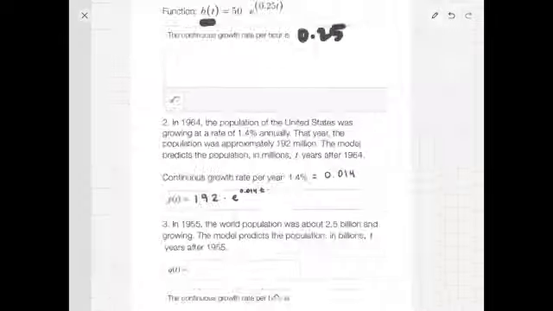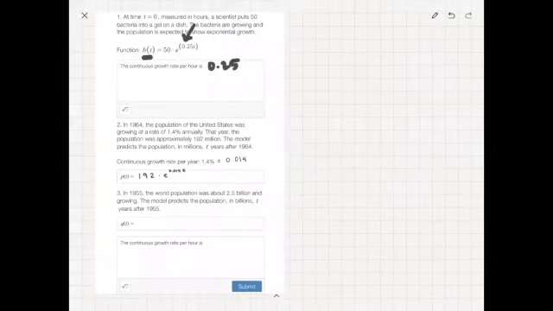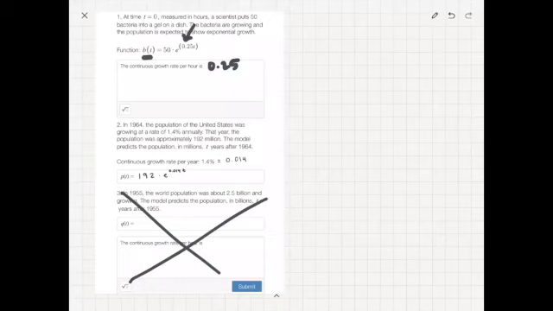And that's it. There's our function. Okay, 192 times e raised to the 0.014t. So we have identified the function for number 2. All right, and then for number 3, we're going to go ahead and skip that one, so you can just mark that one off. We don't have time today to talk about it.